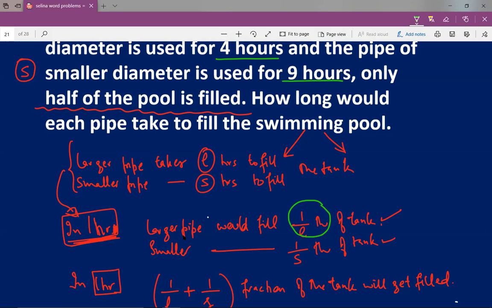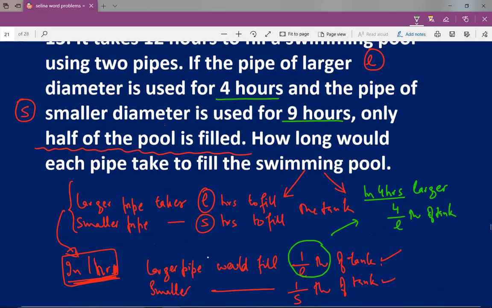So that means in 4 hours, if we give 4 hours to the larger pipe, it will fill 4/L of the tank.